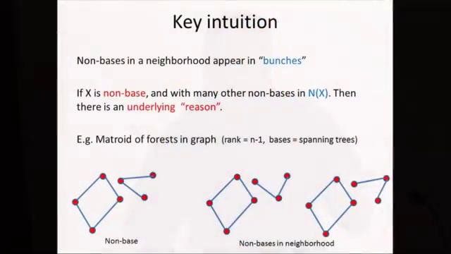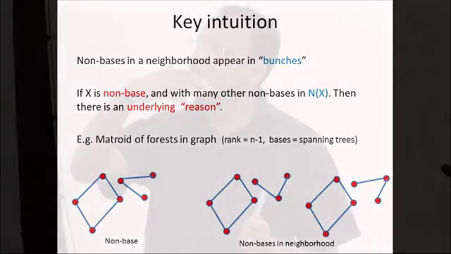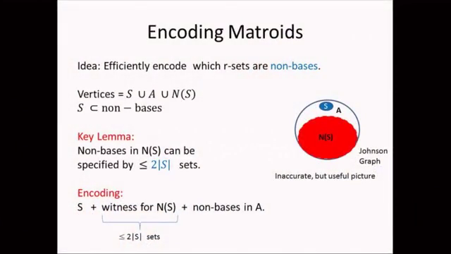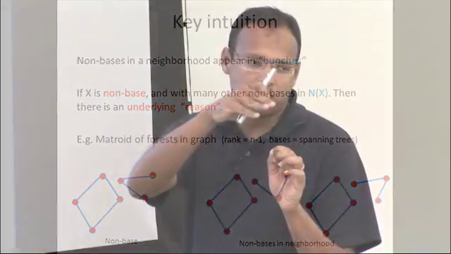Okay, now what do I mean? What we want to show is that lots of non-bases here can be specified by a small number of sets, and the idea will be the following. If I look at any set and its neighborhood in the Johnson graph, there are these n squared over 4 vertices, and maybe lots of these are also non-bases.